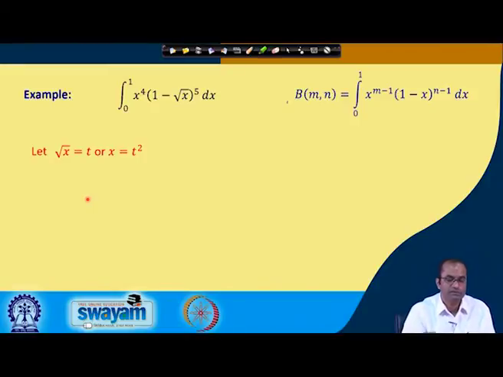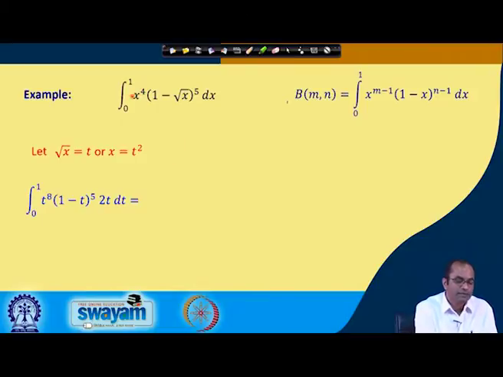So, for instance, in this case if we take square root x as t, then x is equal to t square. So, this will become t power 8 and this is 1 minus t power 5 and dx will become 2t dt. So, this is t power 9 and 1 minus t power 5 dt.